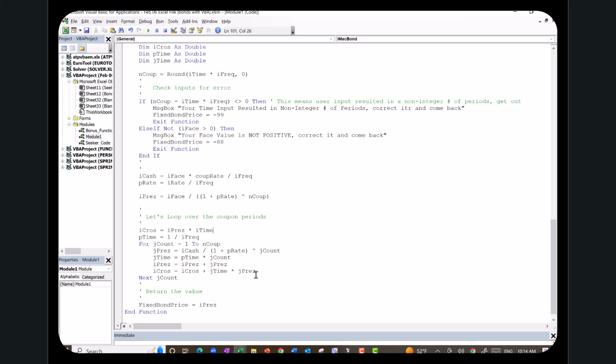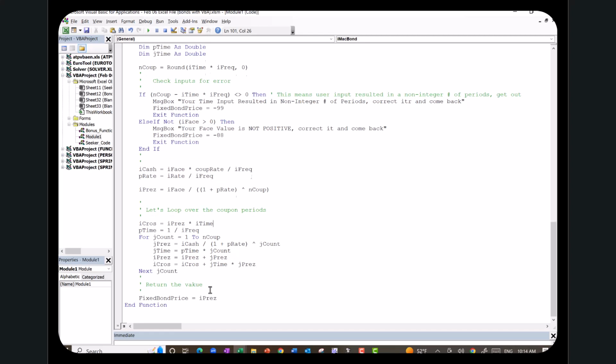In the loop, I'm only doing coupons. So I'm basically starting the cross product with that. So when I'm done, all I have to do is, name of this function is IMAC bond. It's the sum of the cross products divided by the present value, which was iPres. We're done.